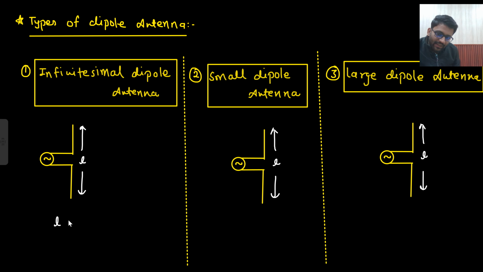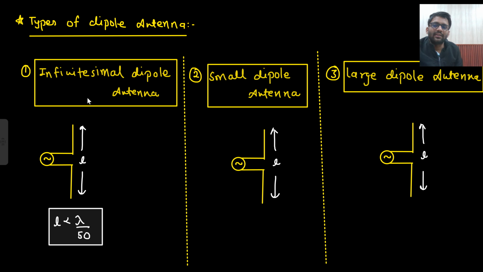If the length is less than lambda by 50, then it is known as an infinitesimal dipole antenna. Infinitesimal means a very small dipole antenna, and the other name is Hertzian dipole antenna.